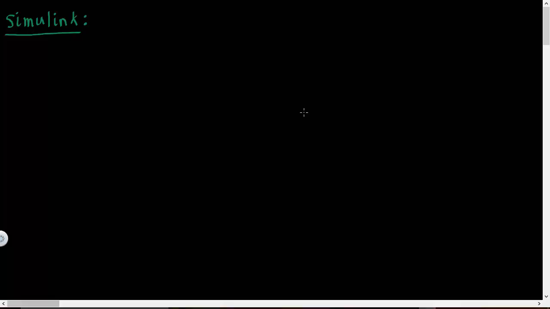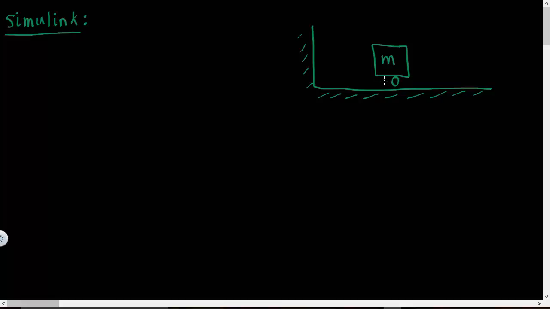Okay, let's say, just for the sake of argument, we have a vibrational mechanical system that we want to model with Simulink. Here we have a mass of M, and we have a spring and dashpot or damper.